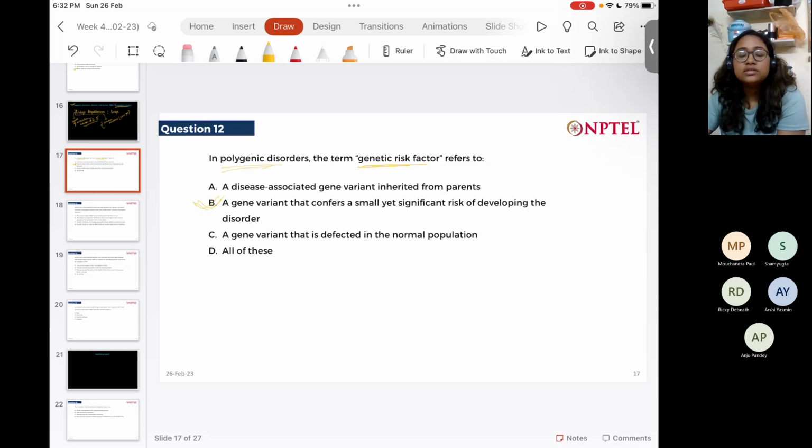It doesn't say with confidence that the person who has this particular mutation will have the disease. It gives a probability of risk that the person will have a particular polygenic disorder. Are you clear on why it is option B?